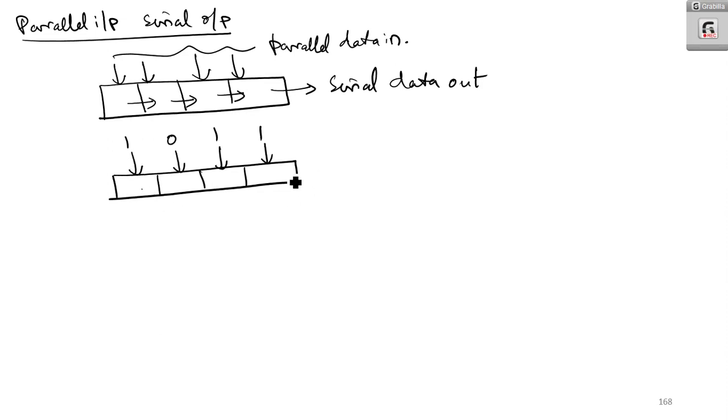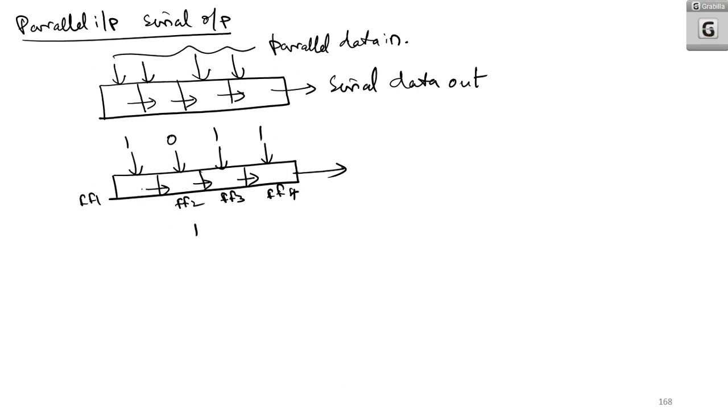Here I need to check only this output. This is flip-flop number 1, 2, 3, 4. In the first clock pulse, this 1 will be transmitted to here.